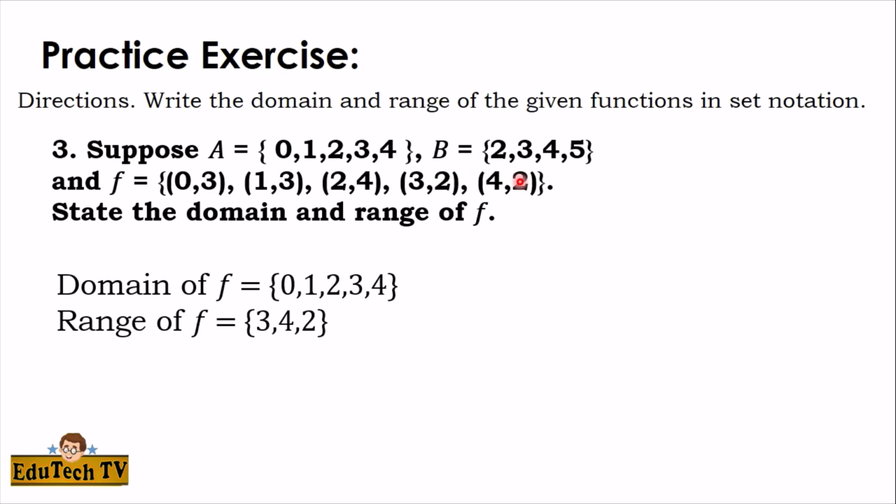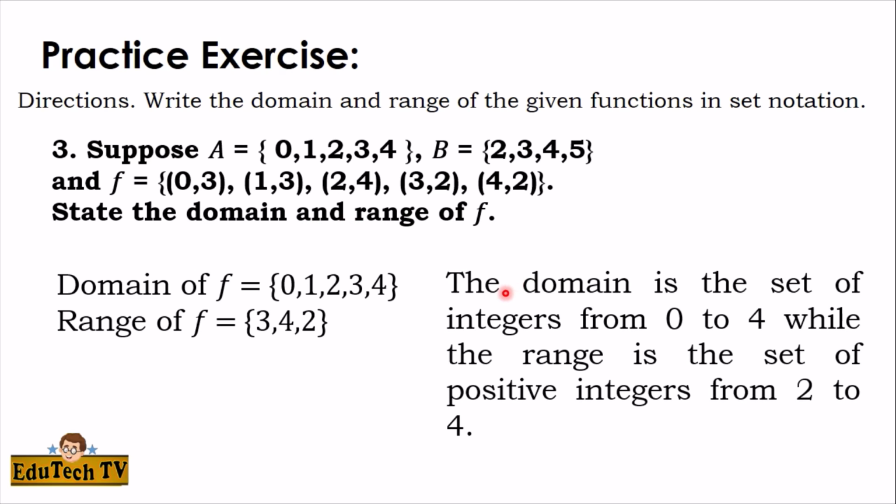So since dalawa yan, sulat lang ng isa. Now if we're going to state the domain and range, pwede marami ito pero isa sa mga paraan ay the domain is the set of integers from 0 to 4. While the range is the set of positive integers from 2 to 4.